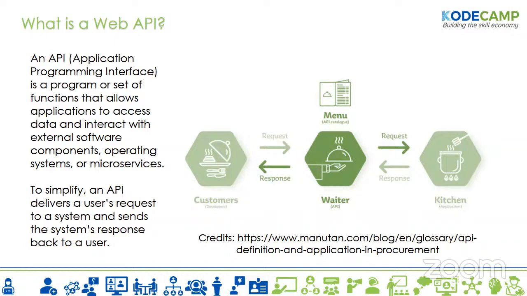So an API is an application programming interface. That's what the acronym means. And it is a program, okay, or you can call it a code or a code base. It is a program, a set of instructions or functions that allows applications to access data and interact with external software components, operating systems, or microservices.